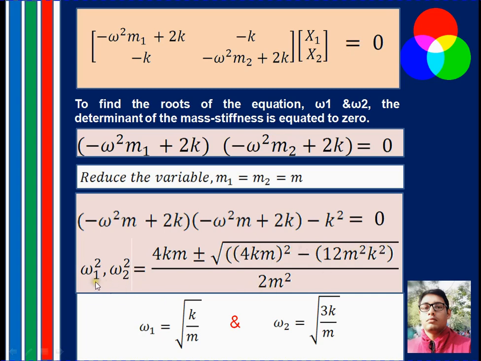That will be the values of omega 1 square and omega 2 square. That means omega 1 will be, once you solve it, root k by m, and omega 2 will be root 3k by m. That means root k by m is the fundamental frequency, and the multiple of the fundamental frequency, root 3 times omega 1, is omega 2.